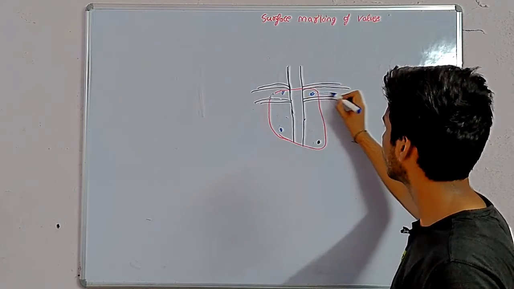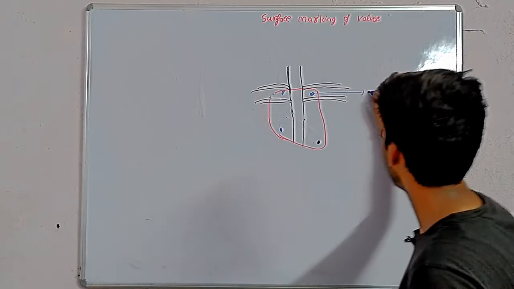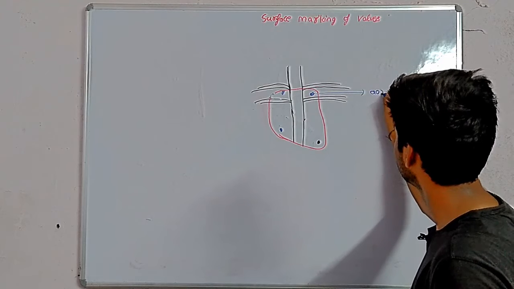The first is the valve of the aorta, the aortic semilunar valve.